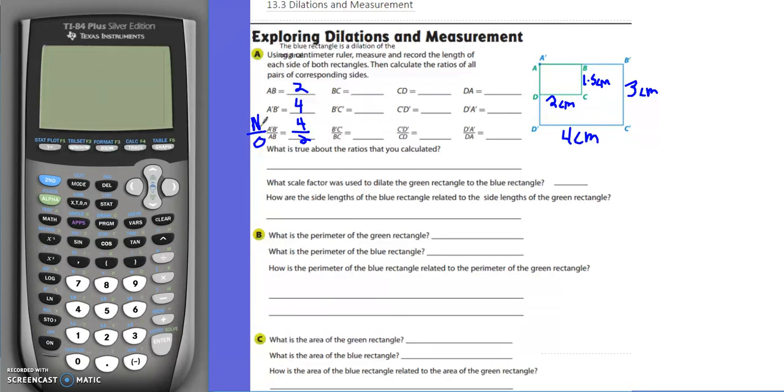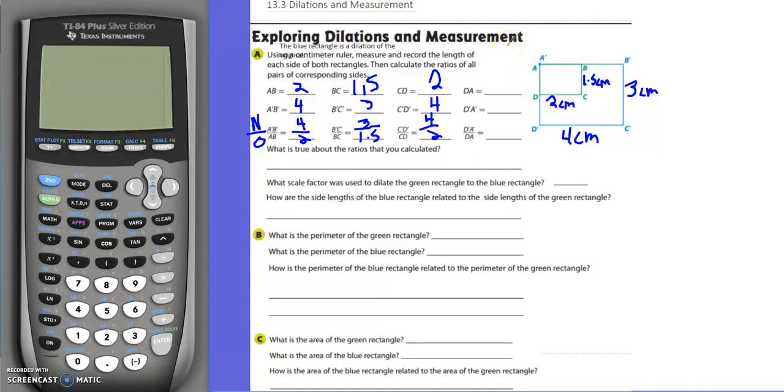Okay, BC is 1.5. B prime C prime is 3. The new over the original. CD is 2. C prime D prime is 4. The new over the original, 4 over 2.